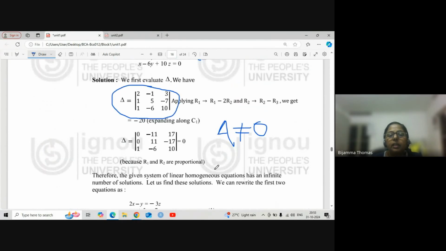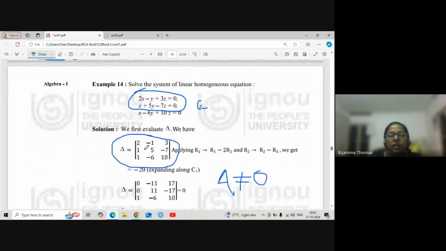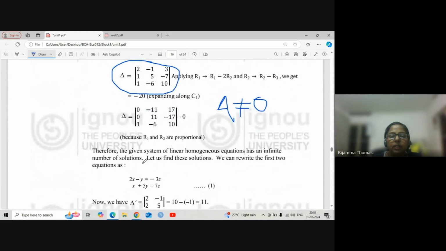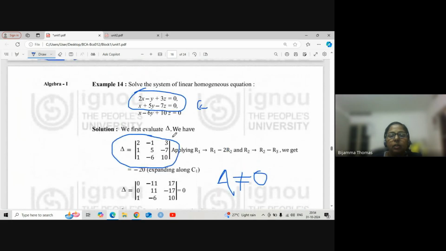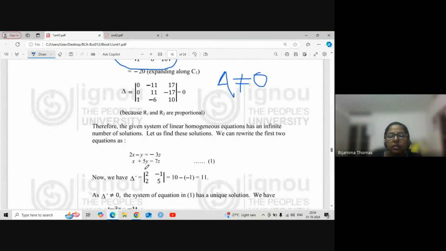We take the first two equations: 2x minus y equal to minus 3z, and the second one, x plus 5y equal to 7z.